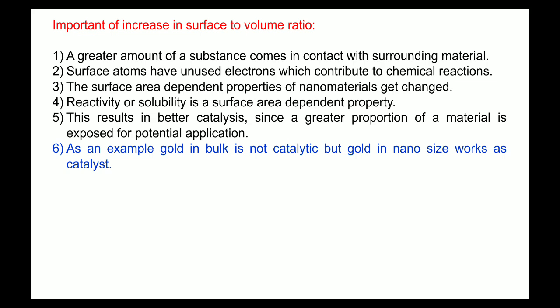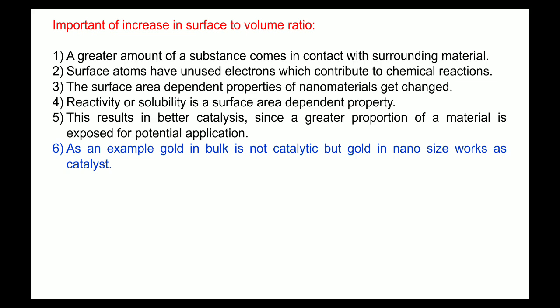the bulk gold, when it is in bulk size, is not catalytic, but the gold in nano size works as a catalyst. So this is the surface area dependent property of nanomaterials.